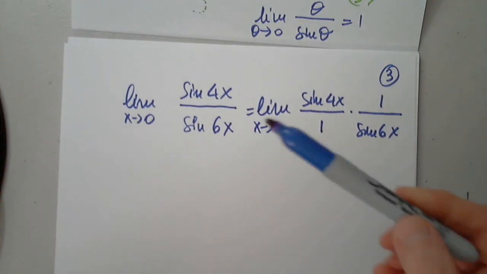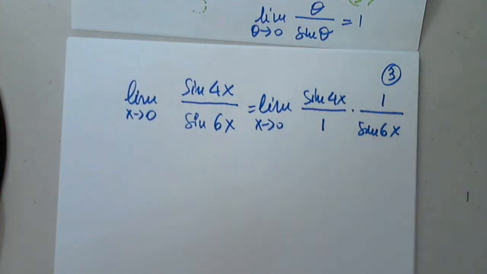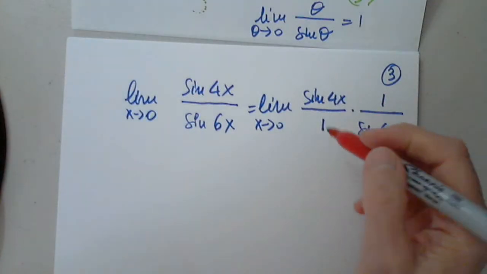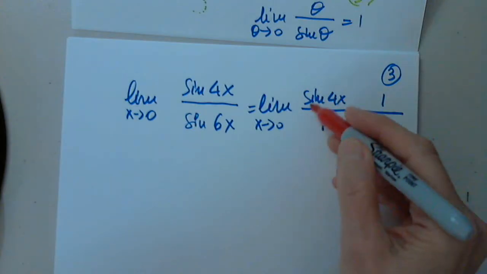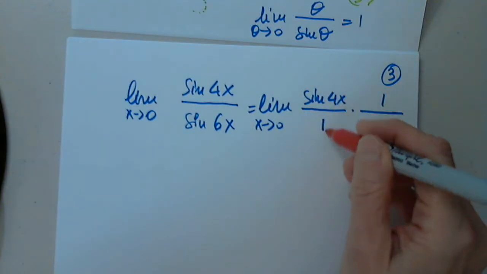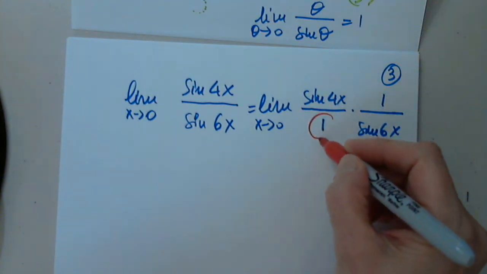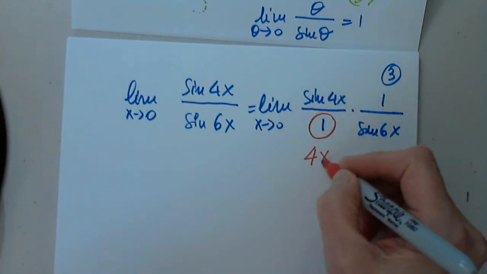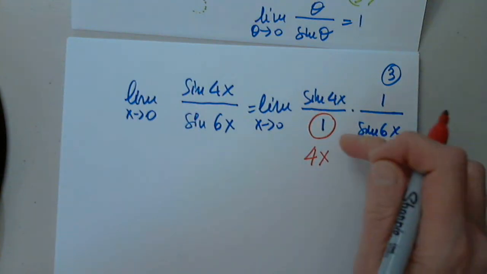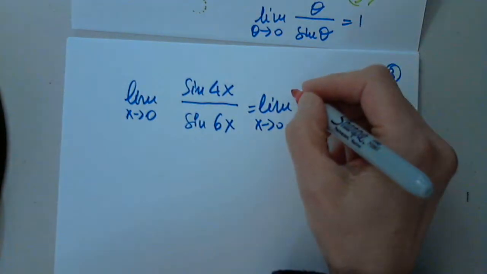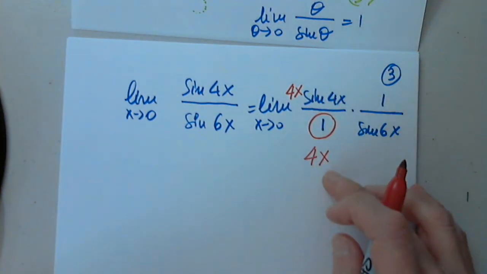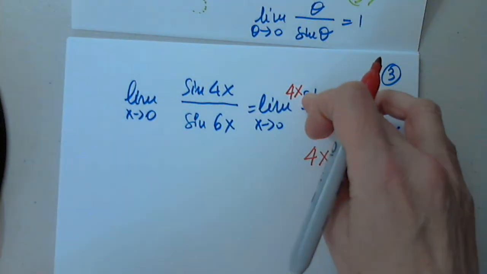But I realized immediately, looking at this ratio of 2 sines, that I can get to 0 over 0 as long as I replace this by 4x. In other words, I'm multiplying it by 4x, but if I multiply the denominator by 4x, I have to multiply the numerator by 4x.